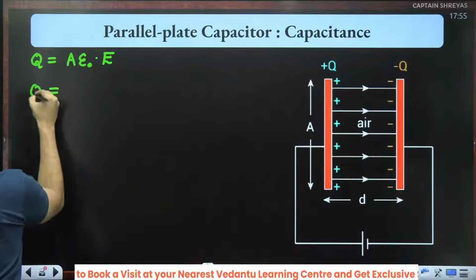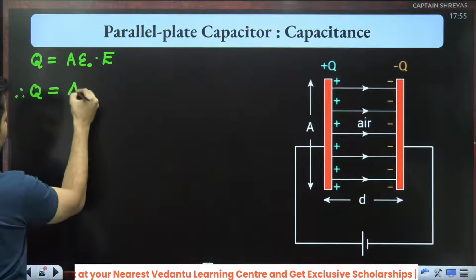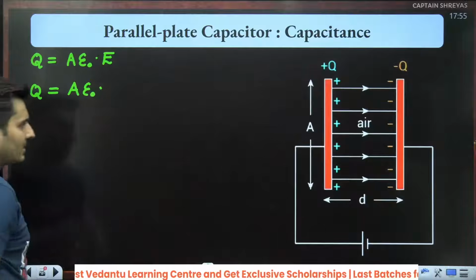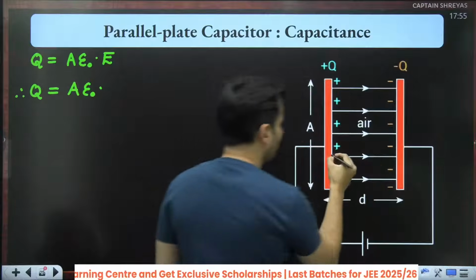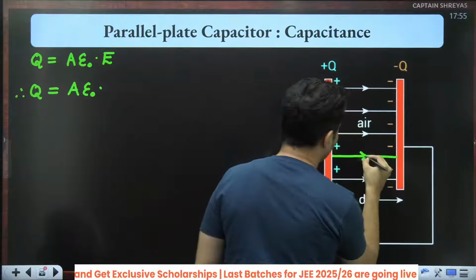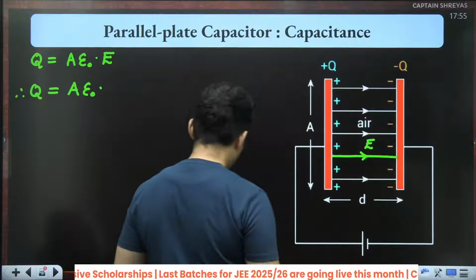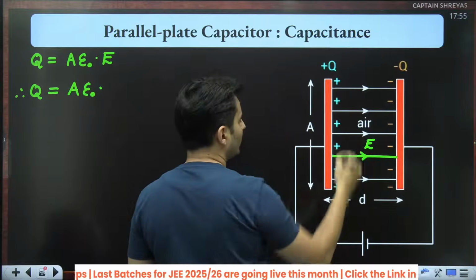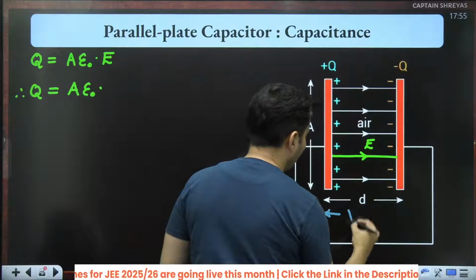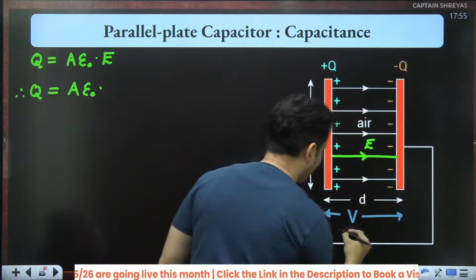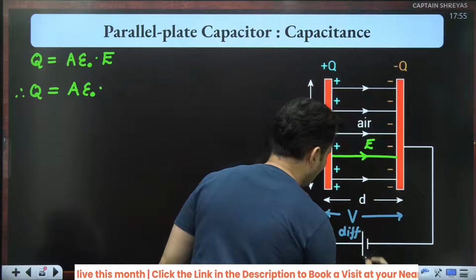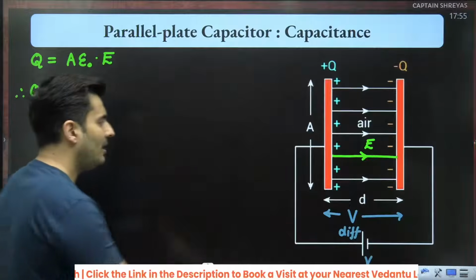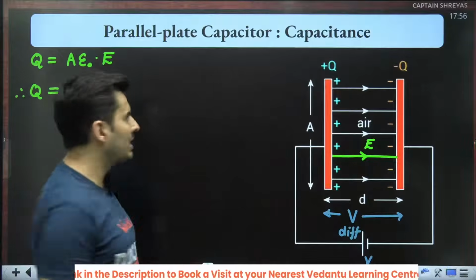Can I write the electric field in terms of something else? I think we can. This electric field is related to the voltage difference also. Remember, there will be some potential difference. And how is electric field related to the potential difference?